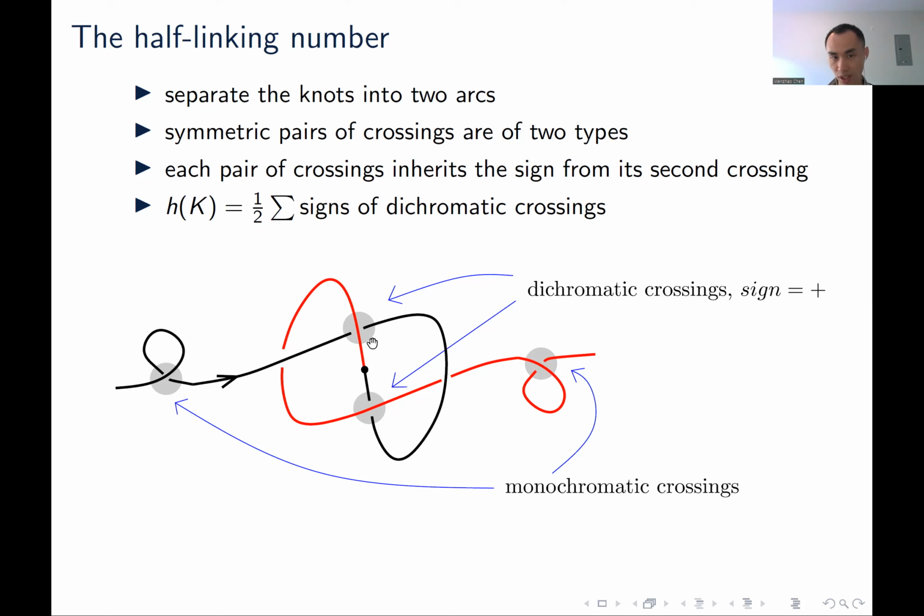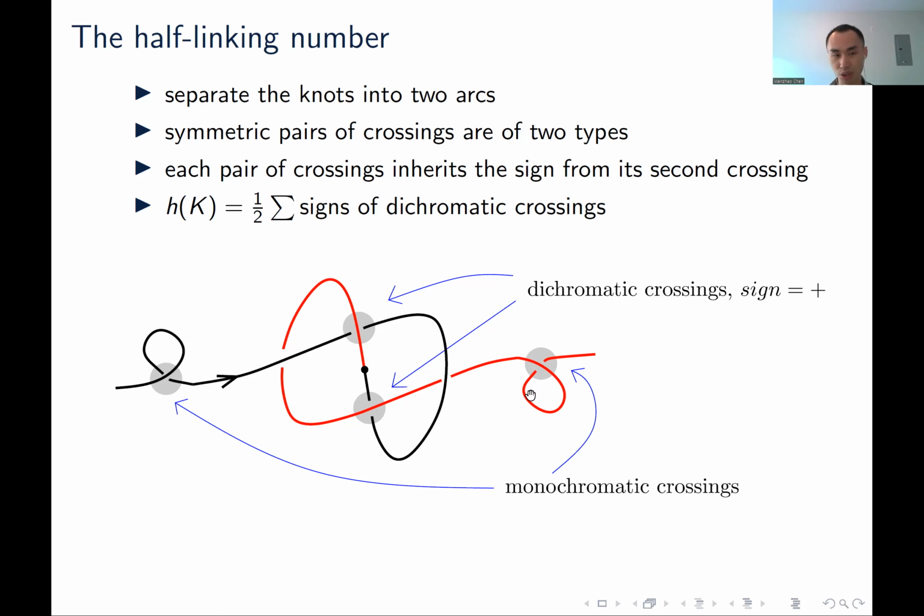I'm going to see this crossing first, and then I'm going to continue and see the second crossing that appears in the symmetric pair. I'm going to declare that the sign of the second crossing I see is the sign of this pair of crossings. So in here, this sign is positive just because the sign of this crossing is positive.